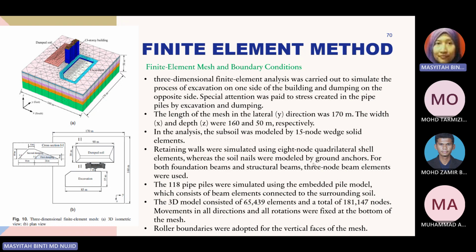The soil nails were modeled by ground anchors, and for both foundation beams and structural beams, 3-node beam elements were used. 118 piles were simulated using the embedded pile model, which consists of beam elements connected to the surrounding soil. If you are familiar with geotechnical software such as Plaxis, I think you understand what I'm talking about right now.